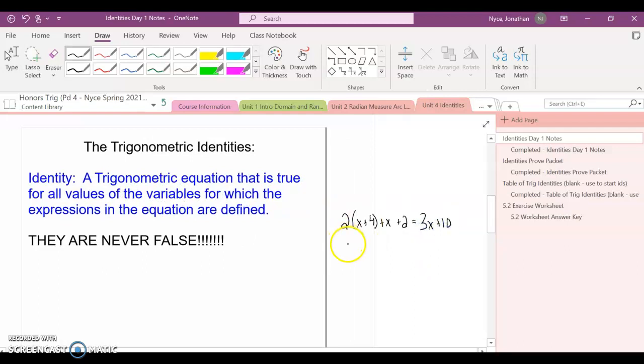On the left side, if you simplify by distributing the 2, you have 2x plus 8 plus x plus 2. Combine like terms, you get 3x plus 10, which is the same thing we have on the right side.